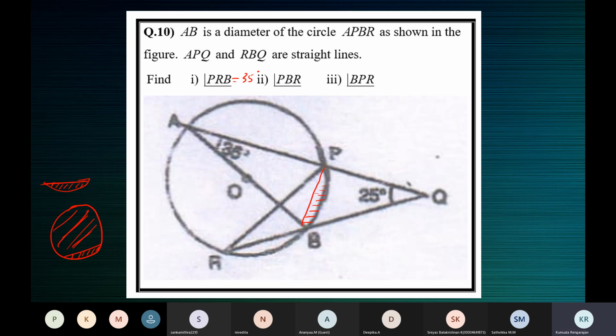What's the measure of angle PBR? PBR, children?